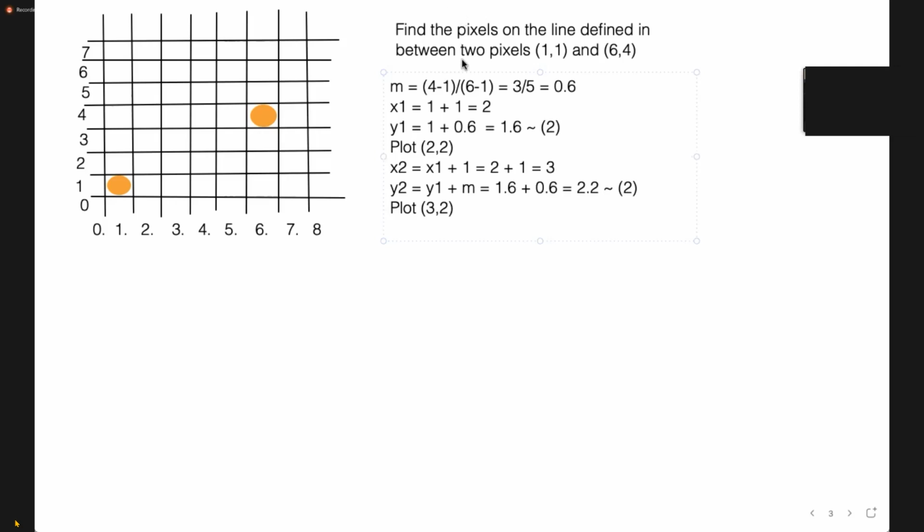We have to plot 2, 2. 2, 2 means here. Then we have 3, 2. 3, 2 means here.